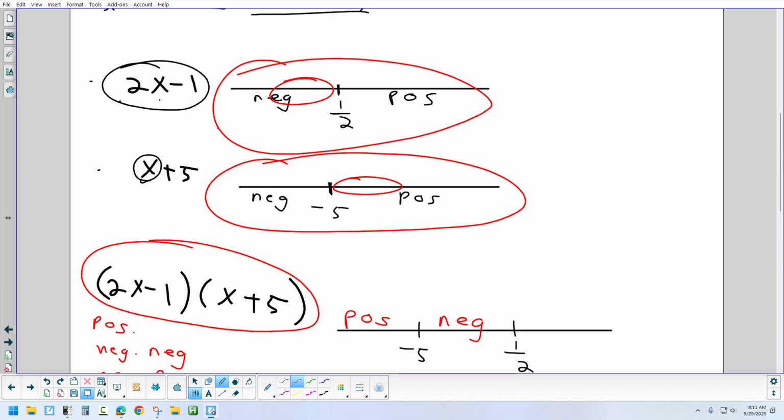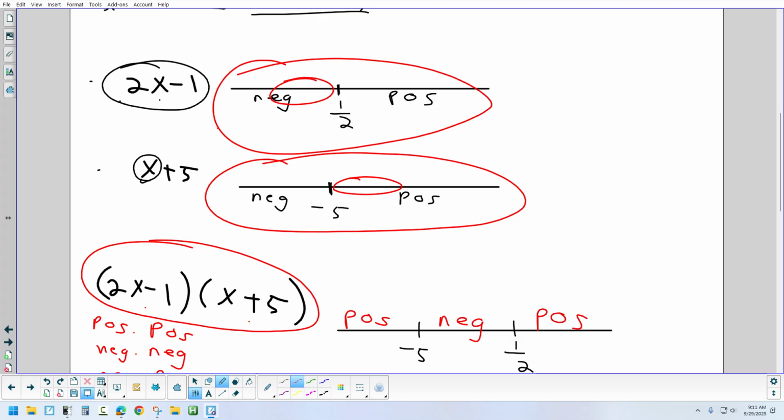What section would we be in there? Yep, positive. So if you plug in a number bigger than 1/2, you're going to get a positive result here, positive result here, and the product of a positive and a positive is a, Vanessa? It's positive.